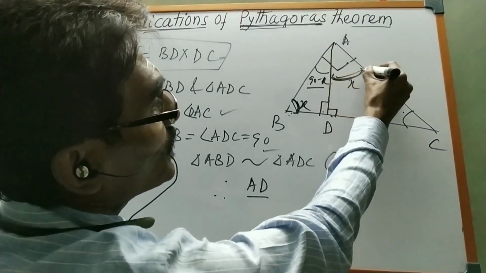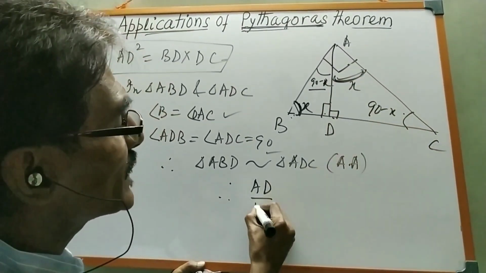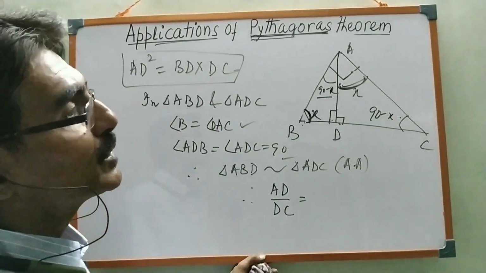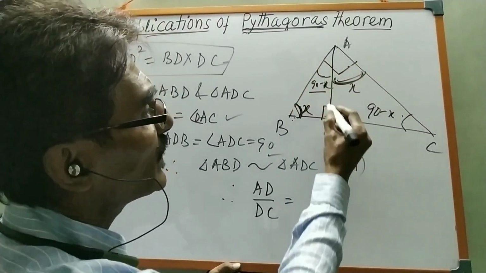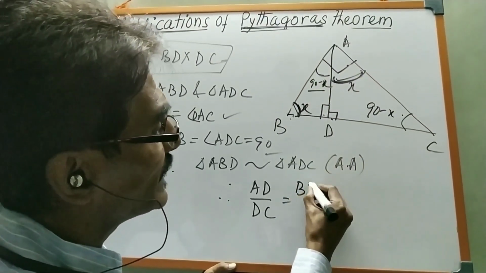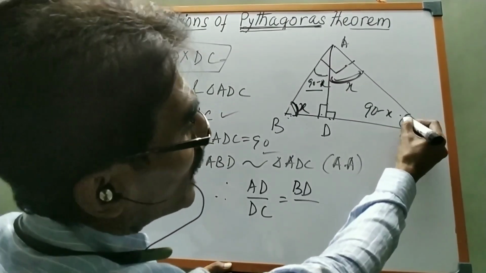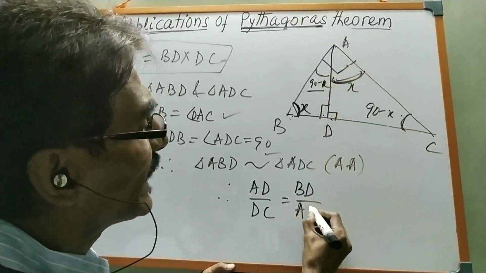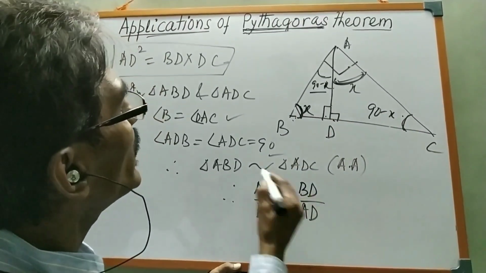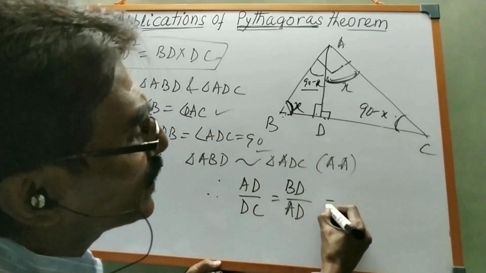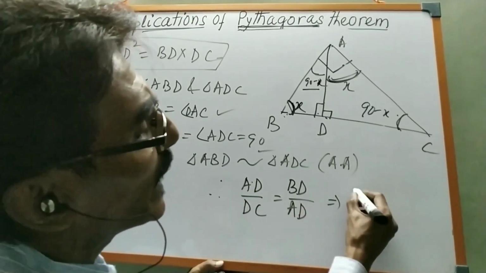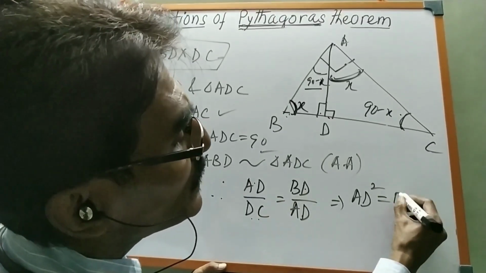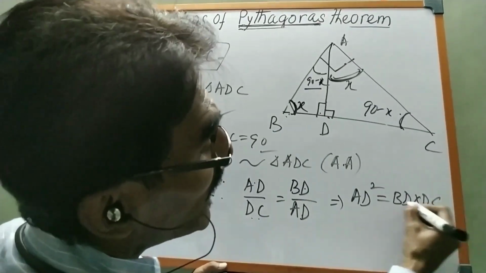Similarly, opposite of this x in the second triangle, the side is DC. Opposite of 90 minus x in the first triangle, the side is BD, and opposite of the same angle 90 minus x in the second triangle, the side is AD. The third one is not required for this particular result. By cross multiplication, AD into AD, we get AD square equal to BD into DC. This is our required proof.